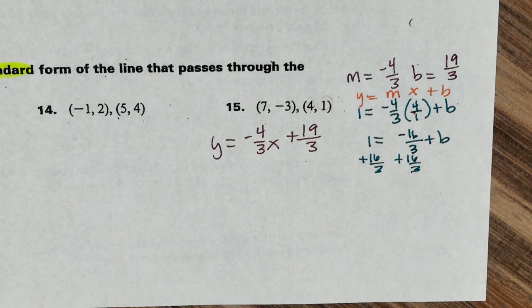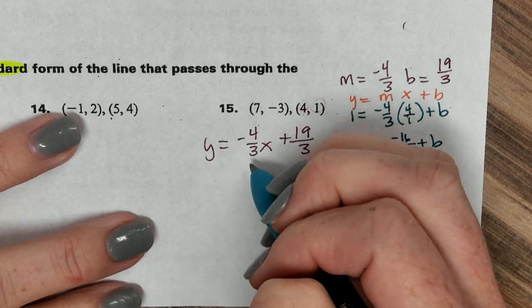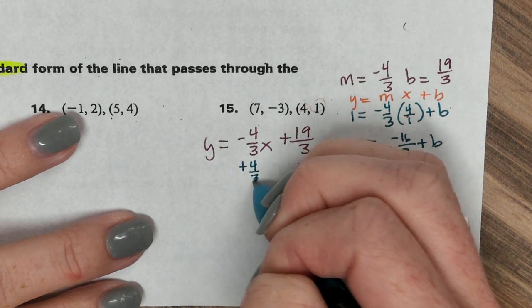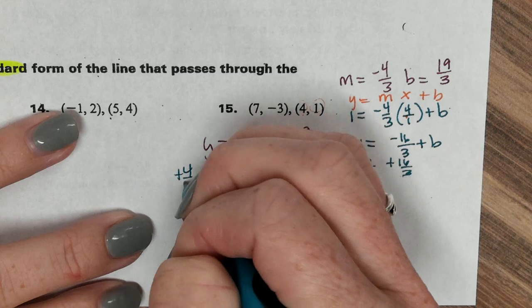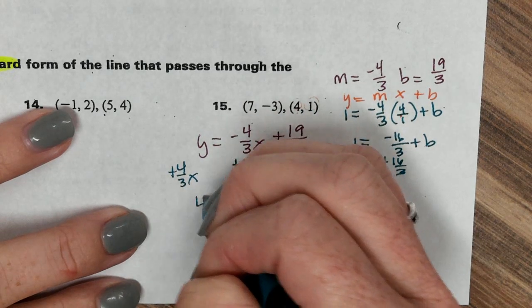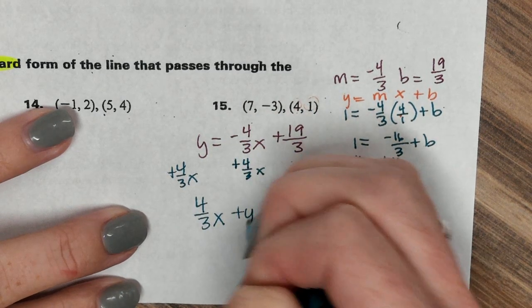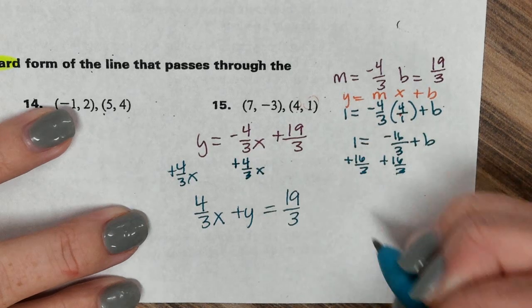So now that I have it in slope-intercept, can I rearrange it to standard? What needs to be moved? So I would do plus 4/3 x. So I have 4/3 x plus y equals 19/3.